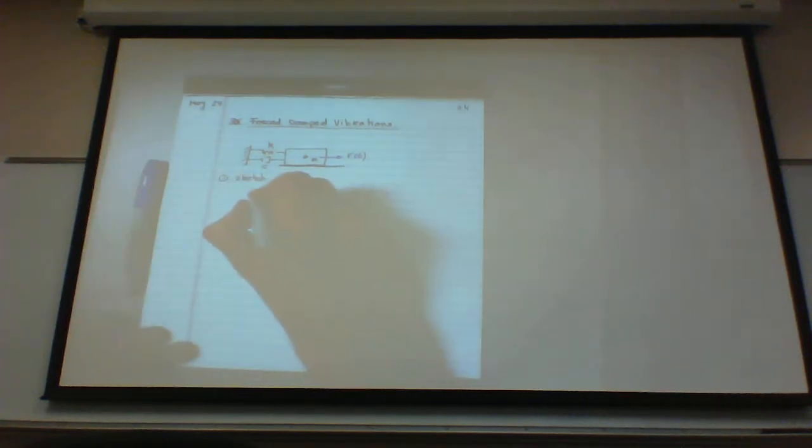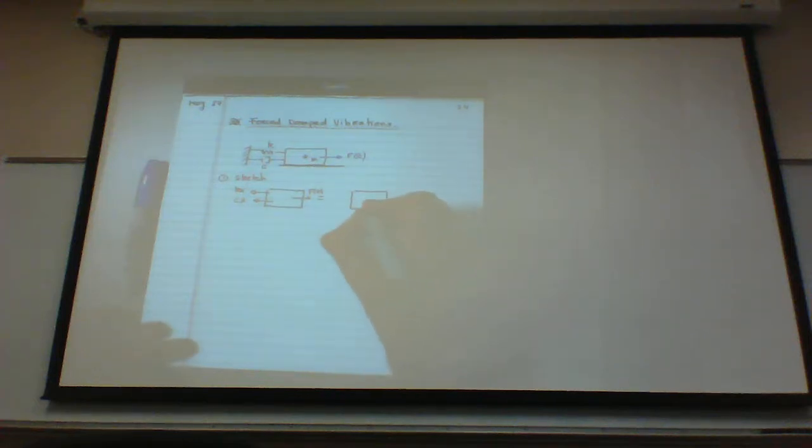What we're going to have is the spring force over here, the damping over here, and the force F of t over here. And in this case over here we have m x double dot.